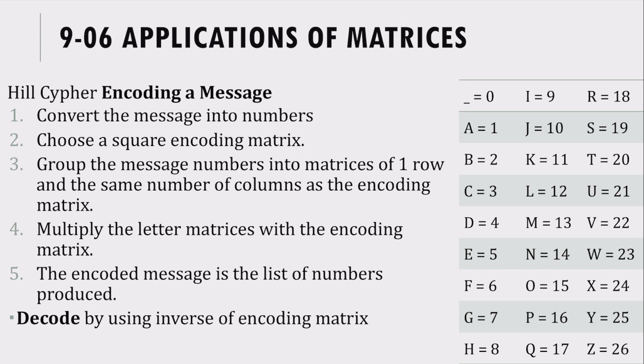Oh, that must be an E because that's the most common letter in the English language or something like that. The bad thing is if you know part of the message, you can crack it. If you know the first word, then you can use that to decode the encoding matrix, and then you can easily decode the rest of the message.